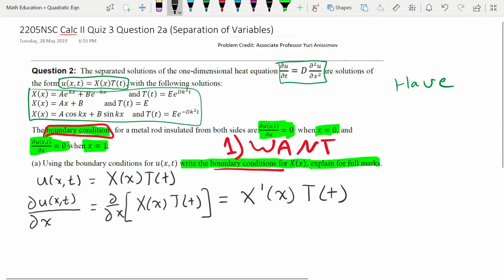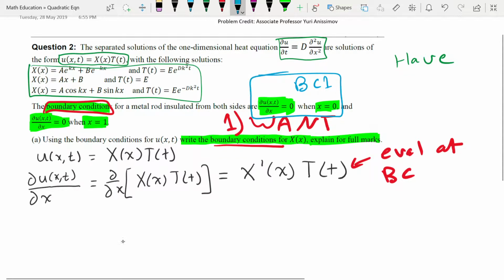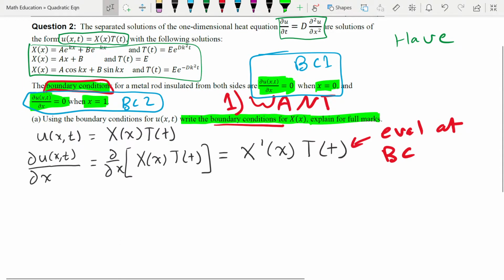And so now we just want to evaluate this at our boundary conditions. Let's label those. We're going to call this boundary condition 1 up here and boundary condition 2, just so we don't get confused. All right, so let's evaluate boundary condition 1.